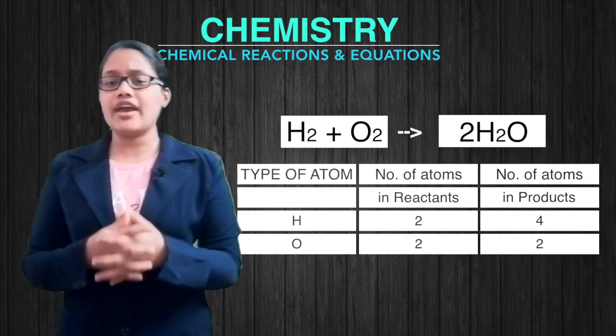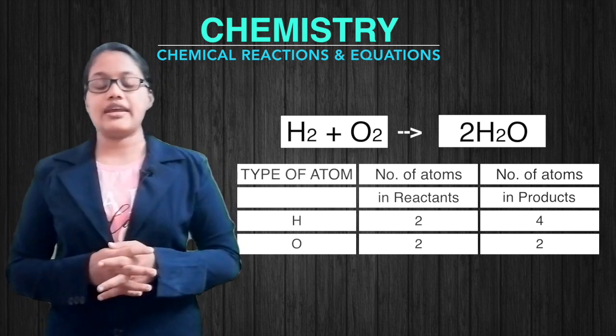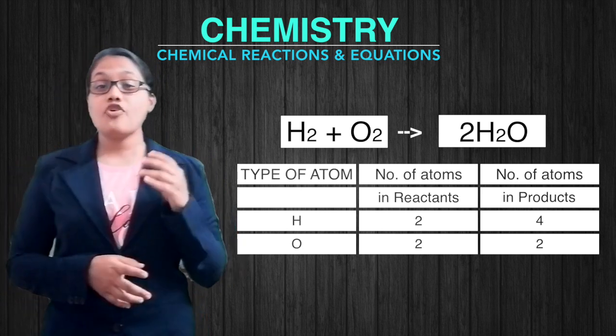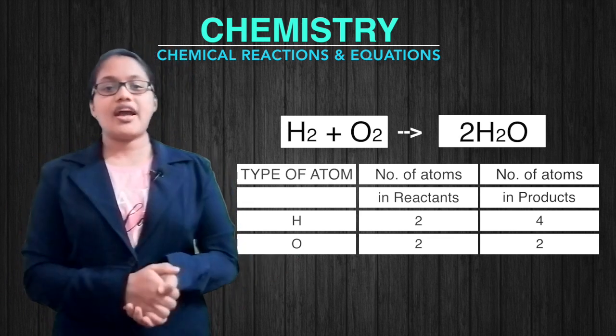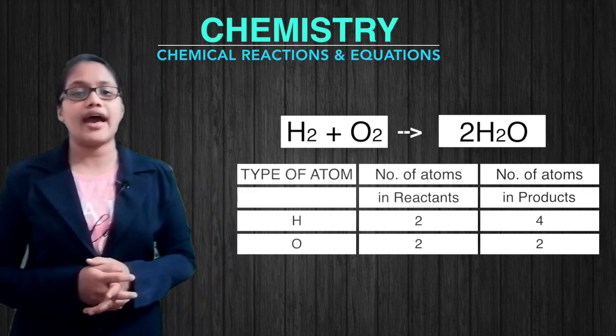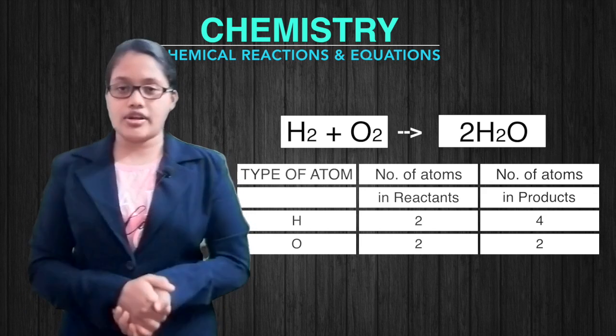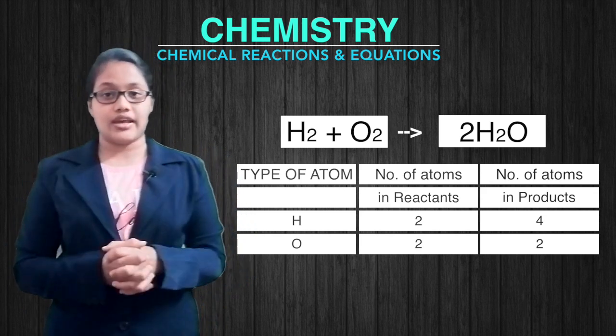So now we have 2 hydrogen atoms on the reactant side and 4 hydrogen atoms on the product side. And if we look into the oxygen, there are 2 atoms on the reactant side and 2 atoms on the product side. So now there occurred a problem with the hydrogen atom.